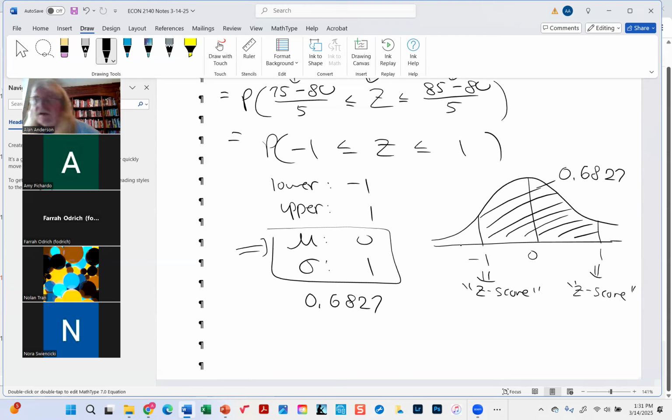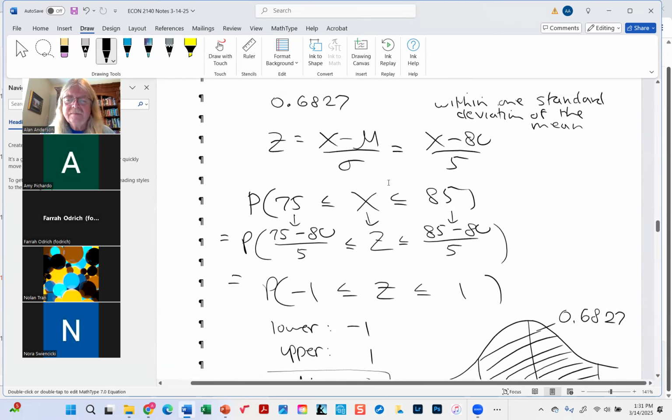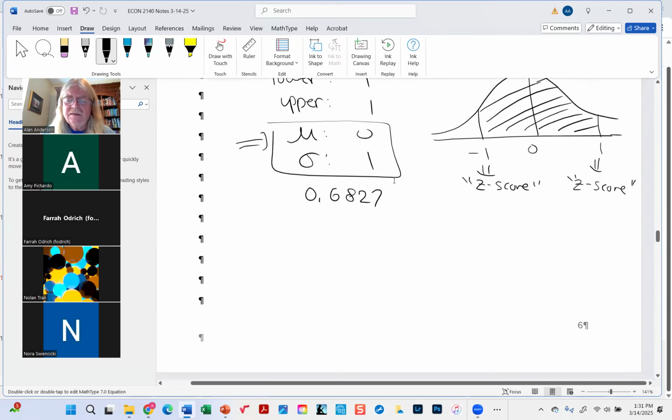So these are the z-scores that are related to 75 and 85. So it's simply, the z comes from the fact that this is the standard normal distribution. Okay. Very good.